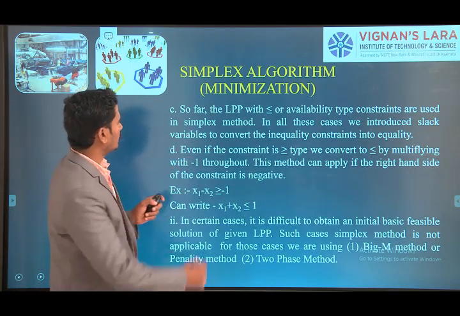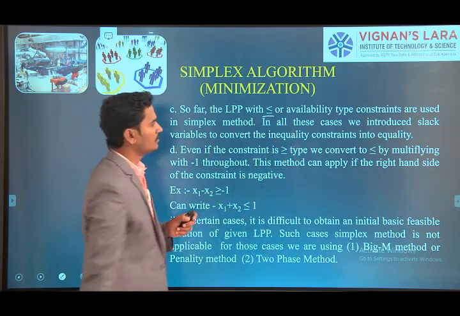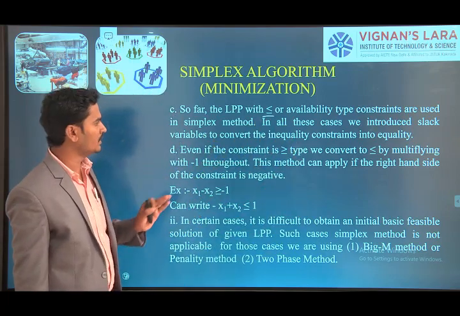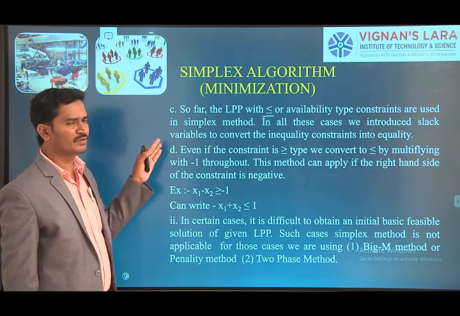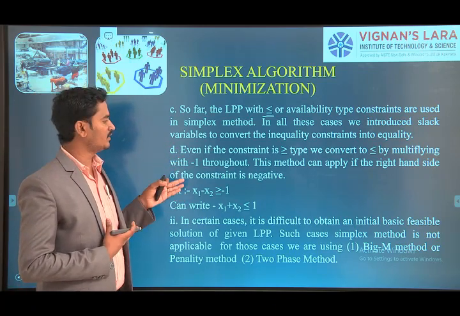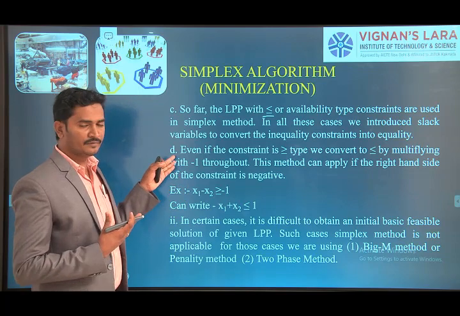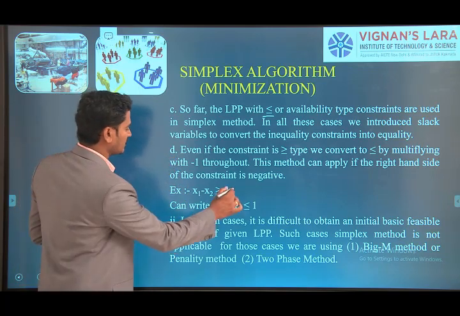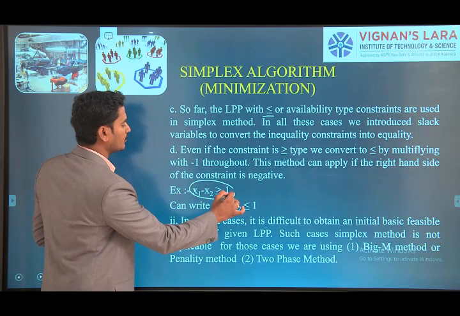So far, the LPP with less than or equal to type constraints are used in the simplex method. In these cases, we introduce slack variables to convert the inequalities into equalities. We already discussed one example, x1 minus x2 greater than or equal to minus 1.